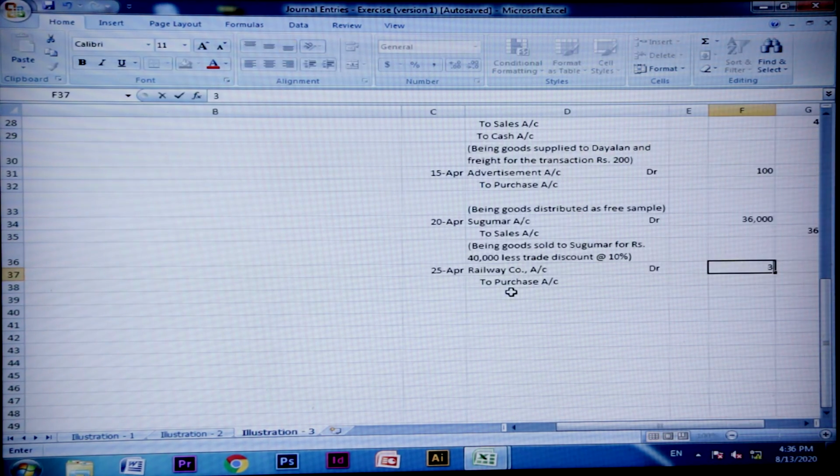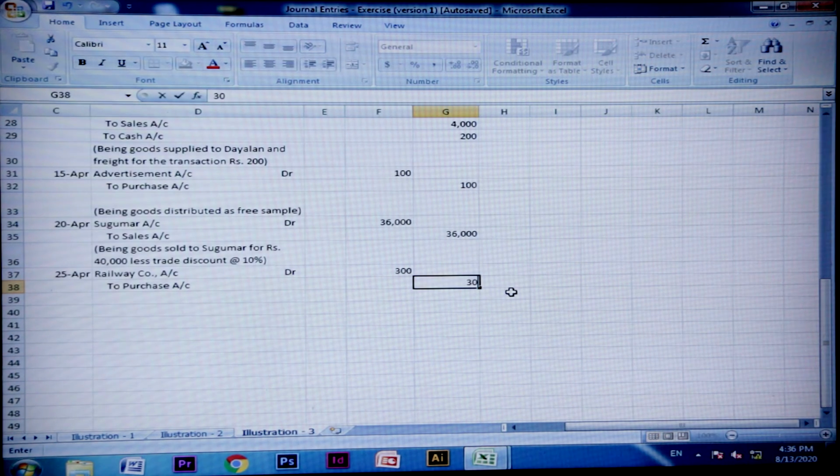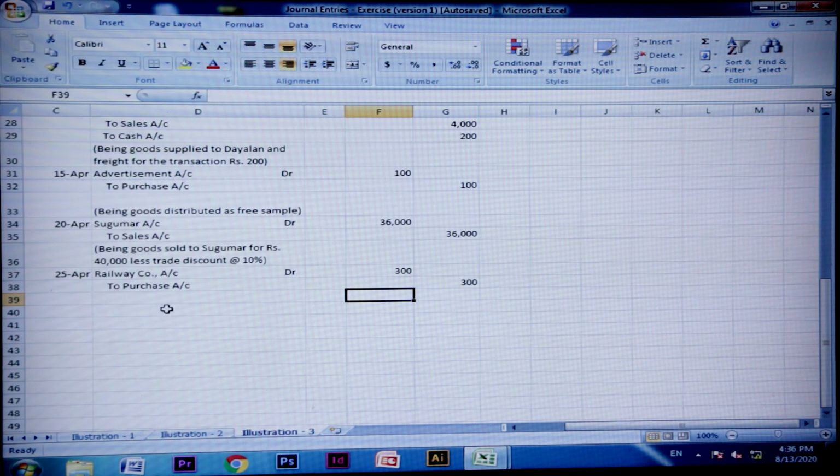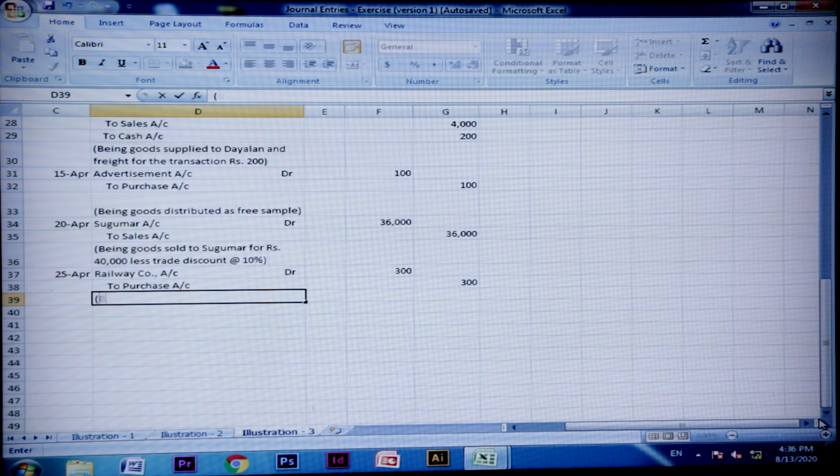Here the value is 300, so railway company account debit 300 to purchase account 300. The narration is being claim lodged with railway company for goods lost in transit.